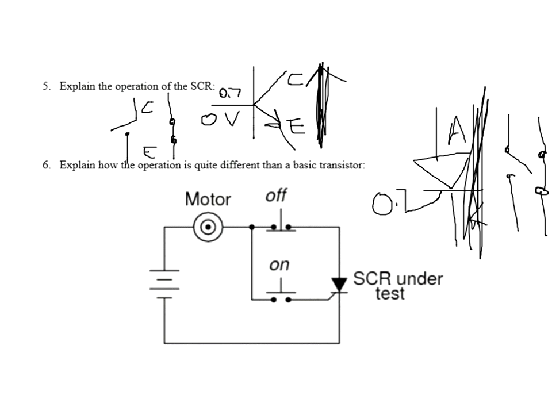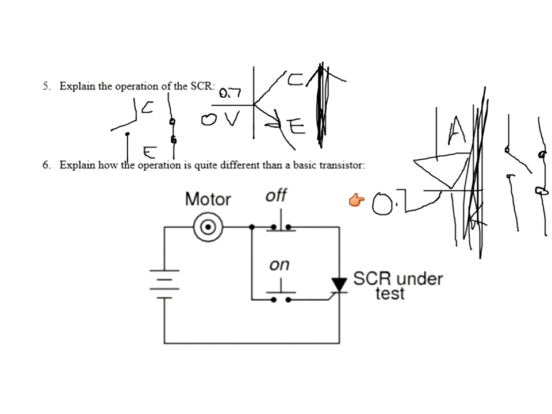Now, here's the big difference that you have to watch for on the test. Once an SCR turns on with a voltage on the gate, it loses control, and you cannot shut it off with the gate. Notice over here, with this transistor, I can shut it off by changing the voltage.